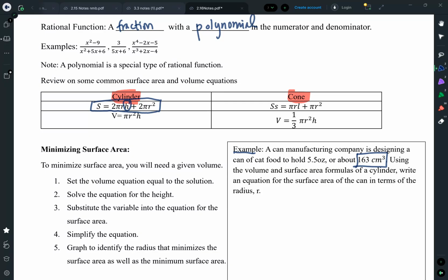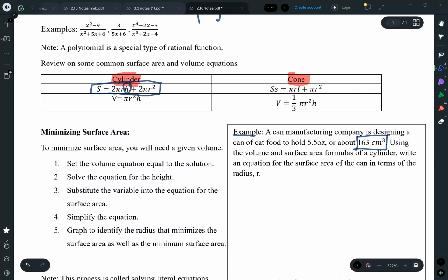The less plastic we use, the less pollution in the environment. But a lot of times companies are really looking at minimizing the surface area because they want to use less materials, because they want to spend less money, right? It's a way to save money. So we're looking at what's easy to hold, what looks nice, but really we're after using less materials to save money. So that's the reason why we might want to minimize a can.